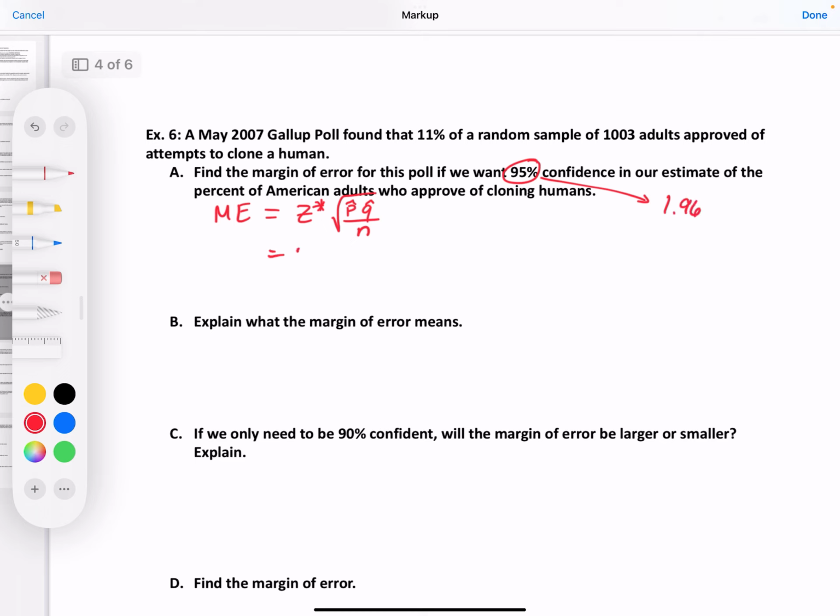So this is going to be 1.96 times the square root of, p hat is 11% here, so 0.11 times q hat, which was 0.89, divided by the sample size, which is 1,003. You'll have to multiply that out and see what that is.